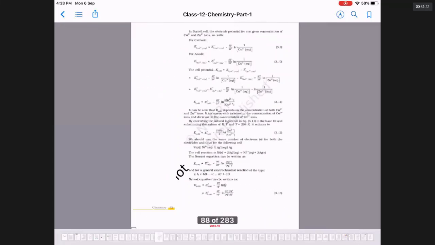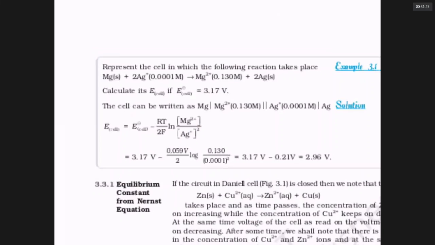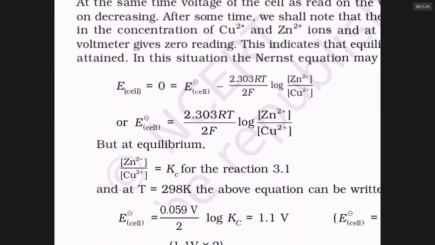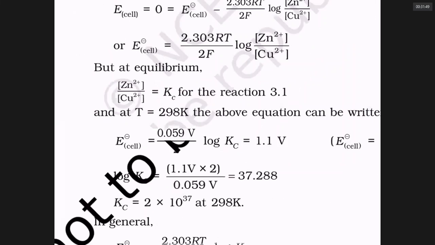So let us see the next relation that is very important. When the cell is dead, what is the important relation? E cell is equal to 0, then E0 cell will be equal to 2.303 RT by nF into log of product ions by reactant ions, or log K. Therefore, this is always a valid relation: standard cell potential is equal to 0.059 by n into log Kc.